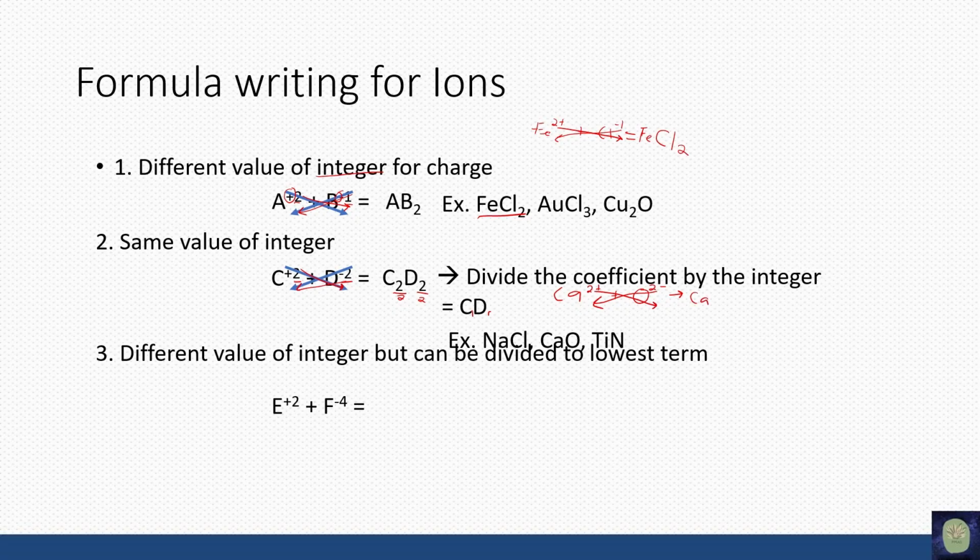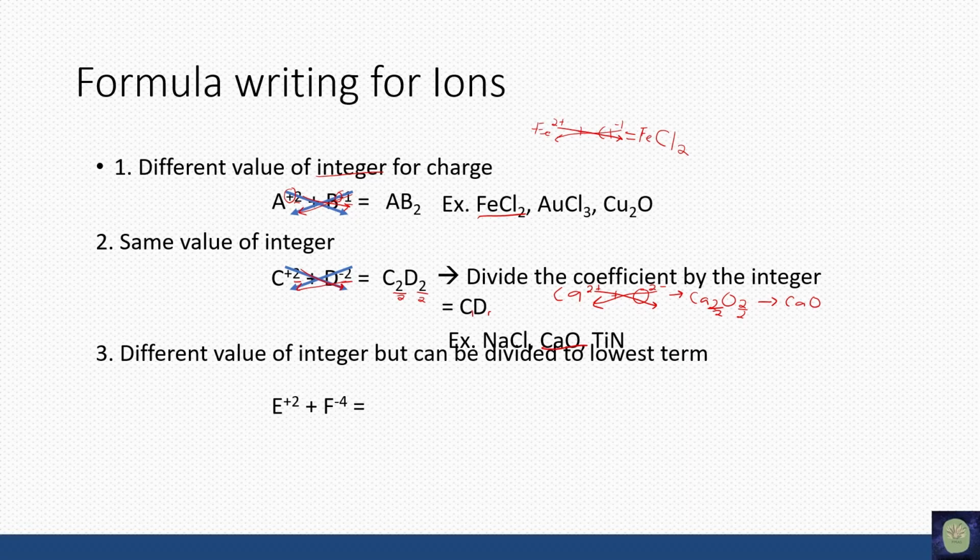This calcium, since this is a 2, then oxygen, we have another 2, right? But then the integers are the same, so we can divide it. So this would lead to calcium, which is 1, then oxygen, which is also 1. And again, we do not write the 1. Here we have a calcium oxide.